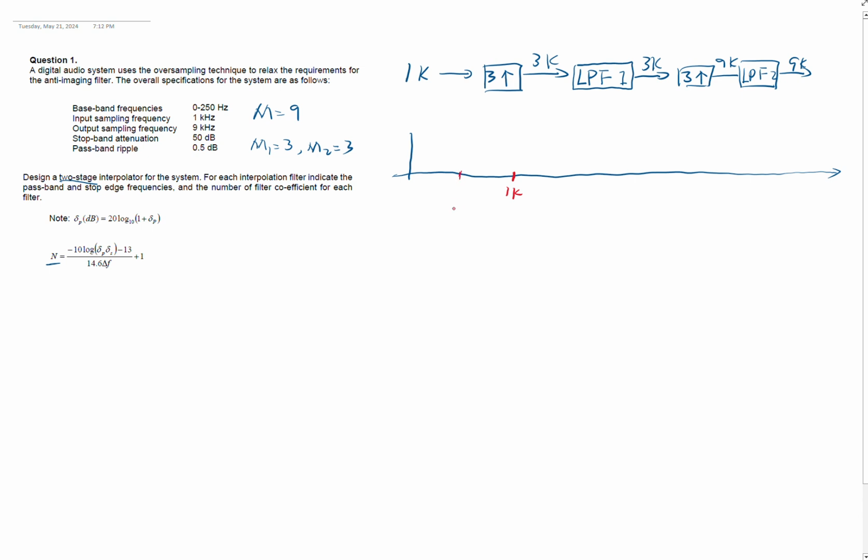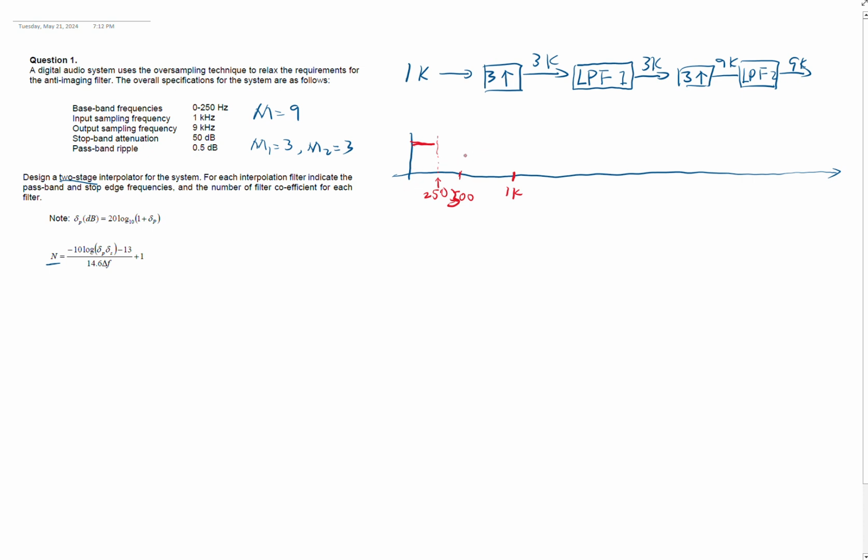For the Nyquist frequency, it will fold at 500. And 250 is the frequency which we care about. That's the frequency we really care about.